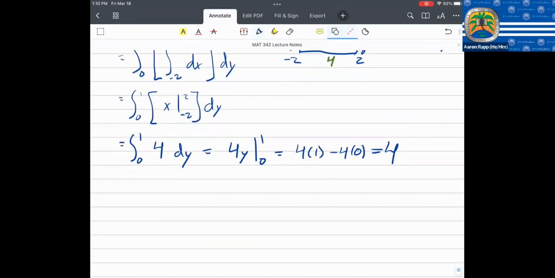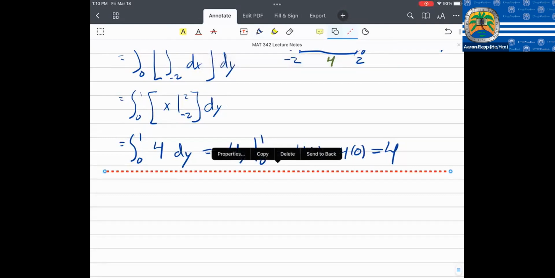Another example, but one with a little bit more complicated integration steps to it.